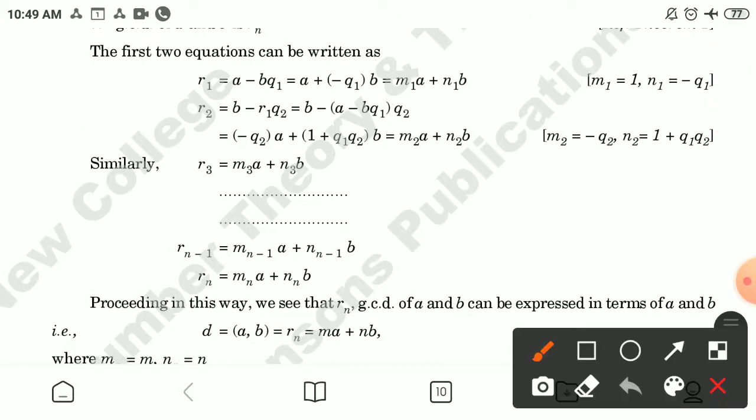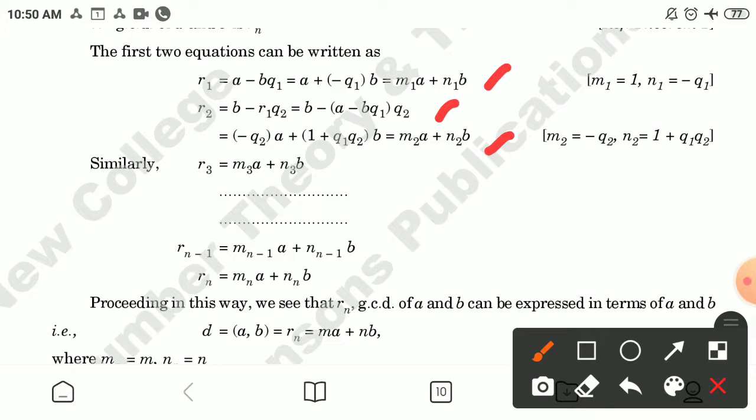r1 = a - bq1 = a + (-q1)b = m1a + n1b, where m1 = 1 and n1 = -q1. r2 = b - r1q2 = b - (a - bq1)q2, which is also equal to -q2a + (1 + q1q2)b.